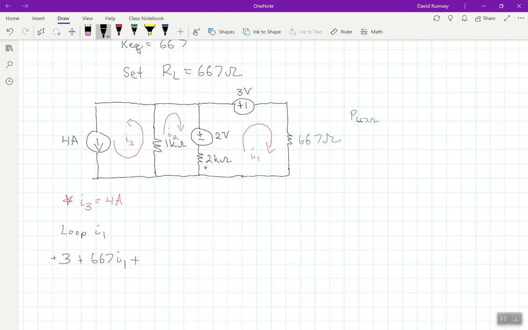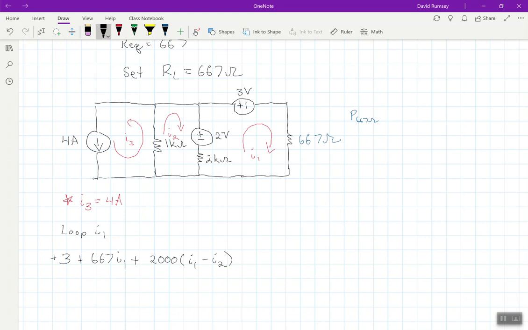There's 2 loops hitting this 2K ohm resistor. So it'd be 2, and I'm going to write this as 2000 since I'm doing 667. And this would be, well, the primary loop is I1. And then, of course, we notice that I2 is going in the opposite direction of I1. So this would be minus I2.